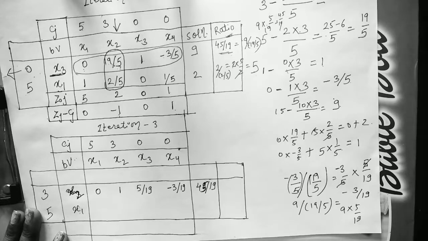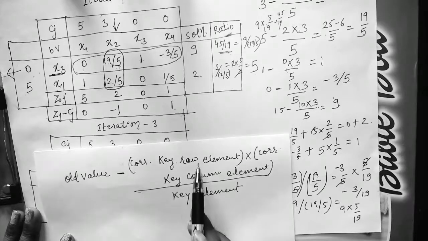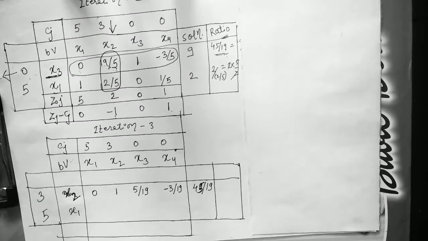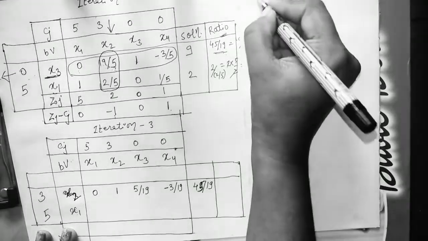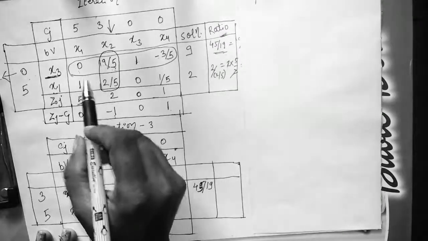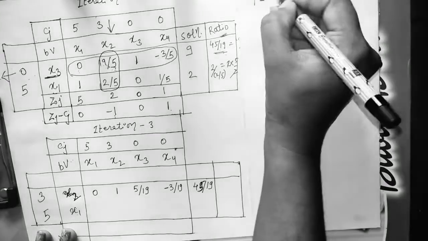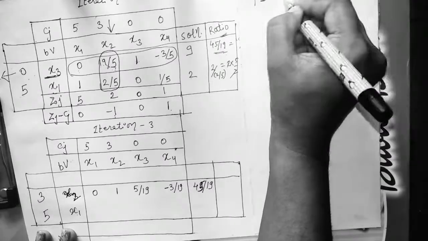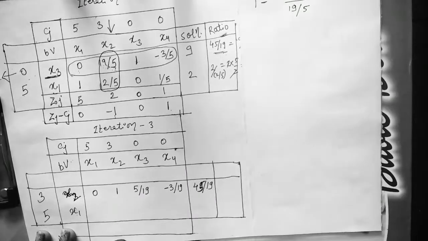Again the same thing. For calculating the values of the second row, there is a formula: old value minus corresponding key row element into corresponding key column element upon key element. So this is the old value 1 minus corresponding key row element 0 into corresponding key column element 2 upon 5, upon the key element 19 upon 5.